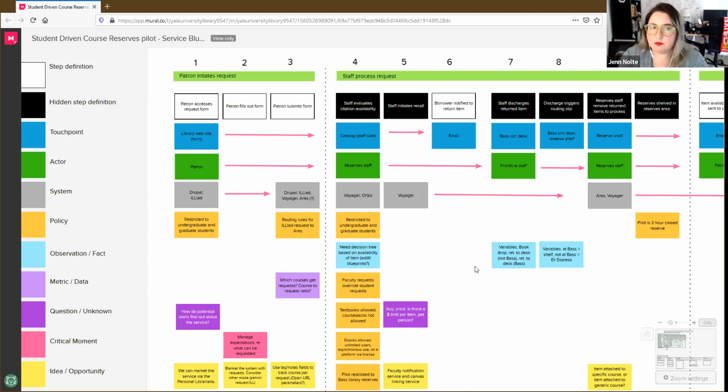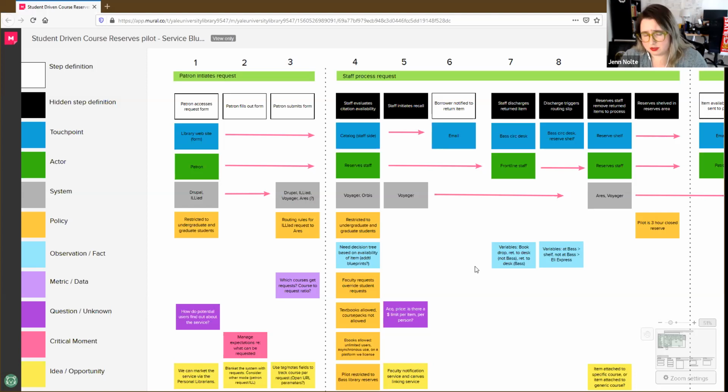Sure. So Mural is like Lucidchart or any other sort of tool that you can use to create models for different things like workflows, or people use them for customer journey maps.